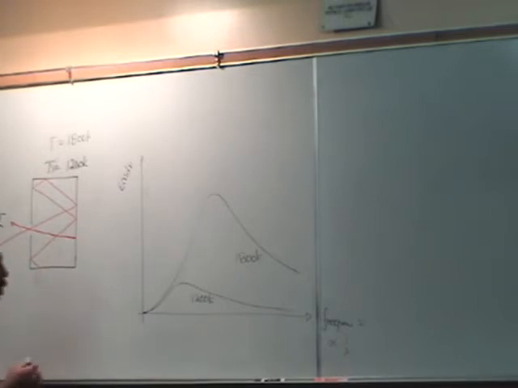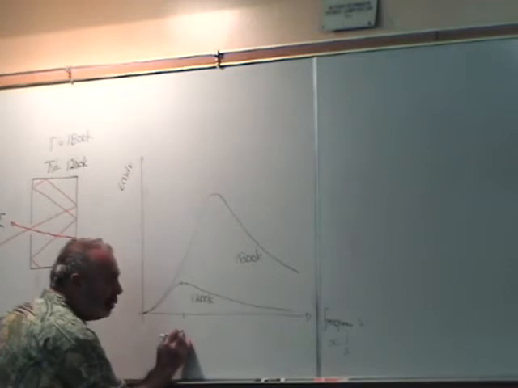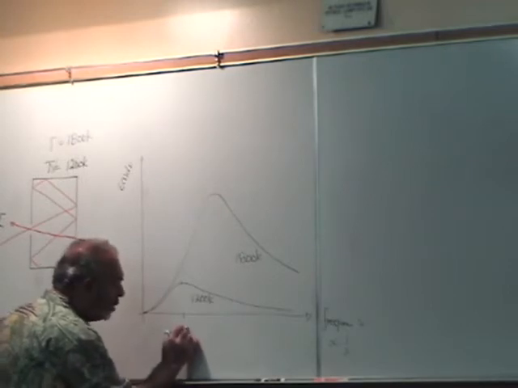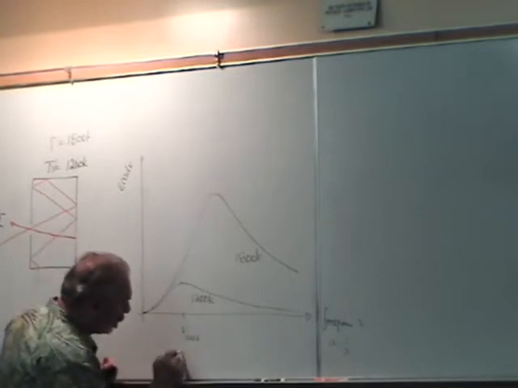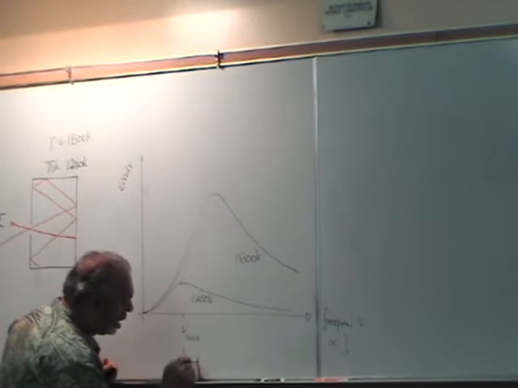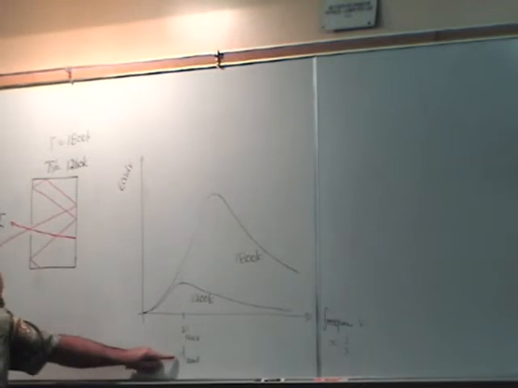One relates to the peak. Where do you find the peak? And I'm going to call this frequency 1200 K, which of course is related to the wavelength at 1200 K. And this was the relationship that a physicist named Wilhelm Wien worked on.